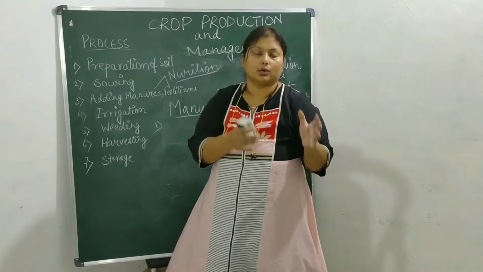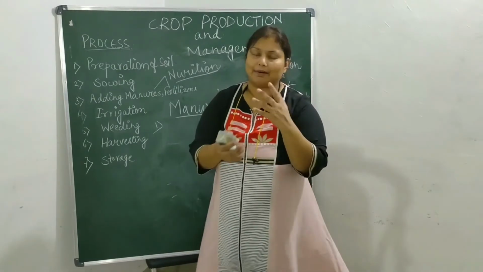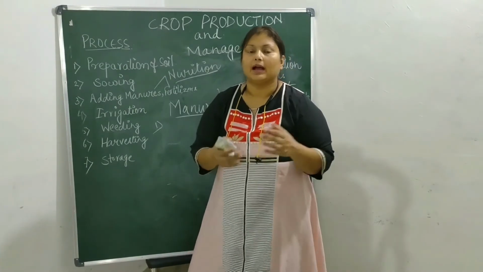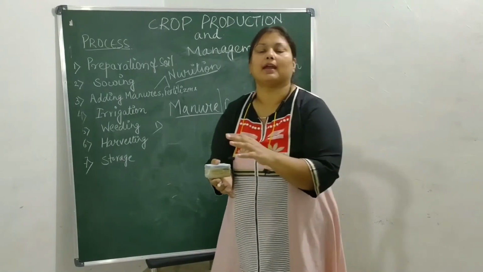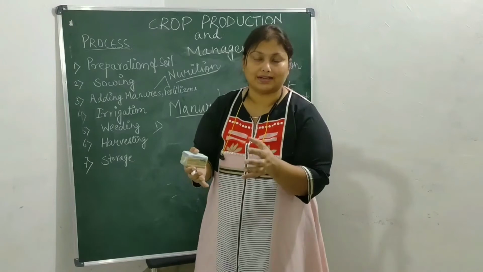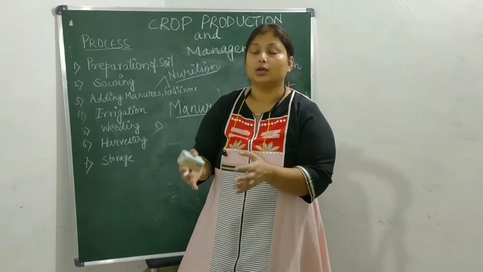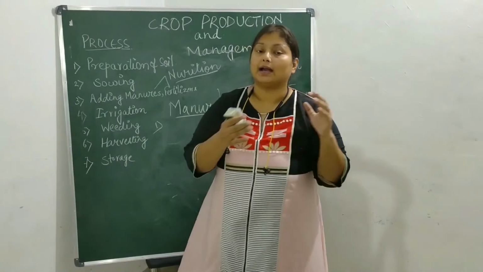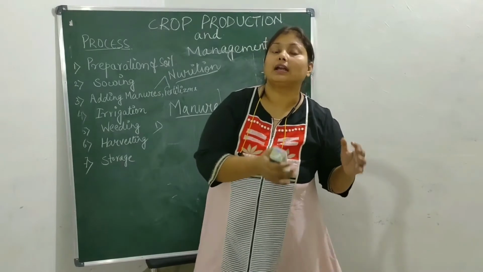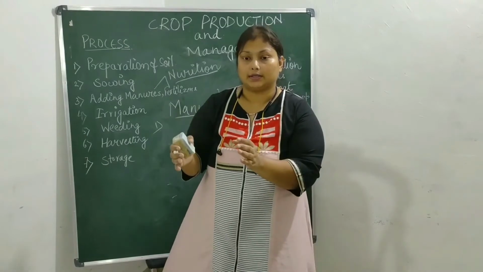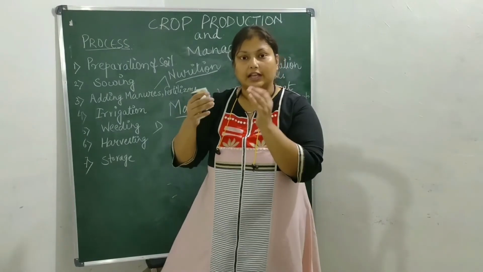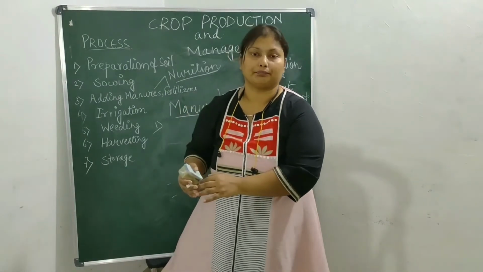If I explain very clearly, for example, if I grow wheat one year, then next year I grow groundnut. So what happens is that we used all the nitrogen, but in the next season groundnut gives all the nitrogen to the soil.